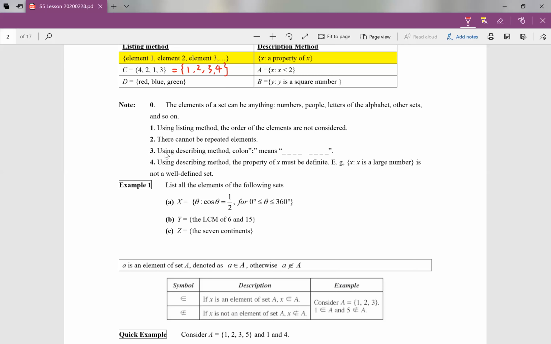Number 3, using description method, the colon means "such that". For example, A is a set of numbers x such that x is smaller than 2.